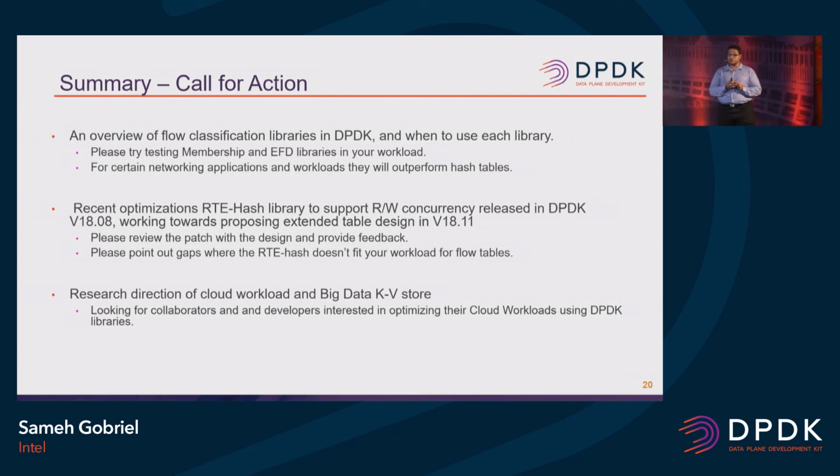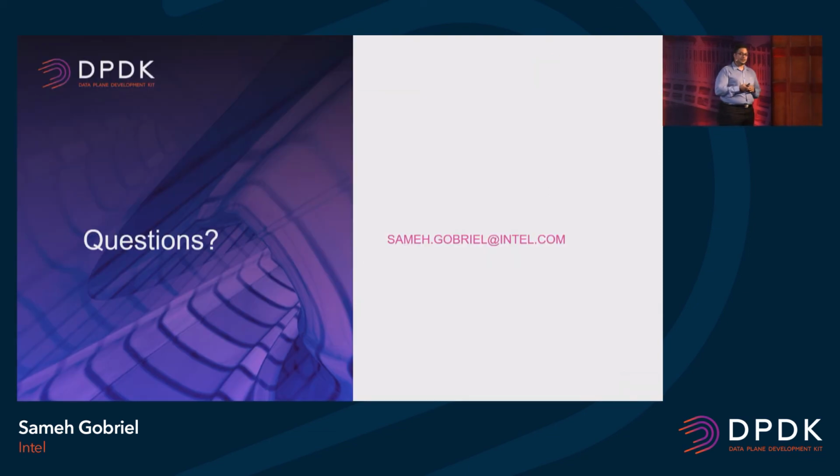There are optimizations for read-write concurrency pushed in 18.08, and we are working on the extended table for 18.11. Please review the patch and point out if there is any gap in the RTE hash that will not fit your workload. And for the last thing, if you have any comments on the research direction for KV stores, please let us know. I'm looking for collaboration or developers who are interested in that. And that's it.